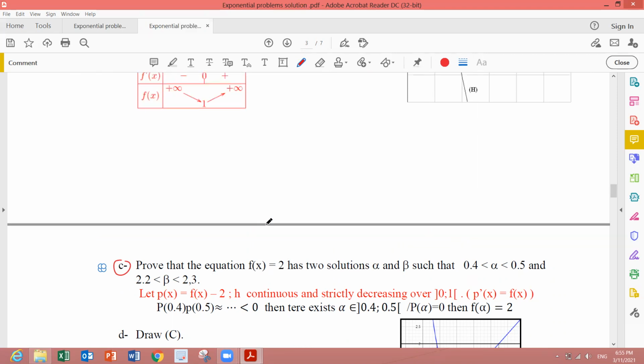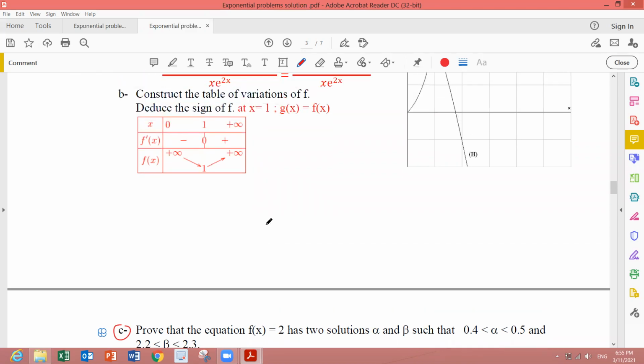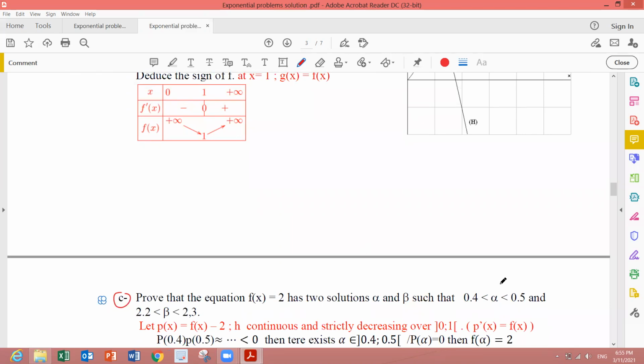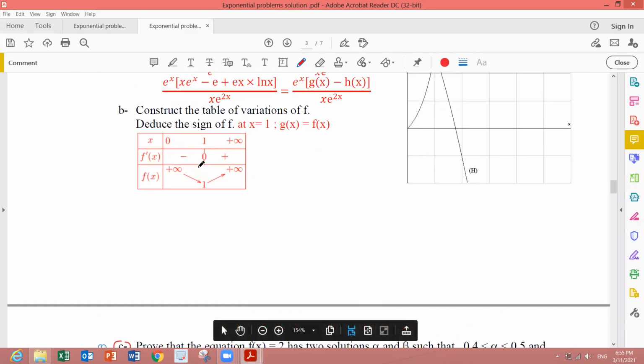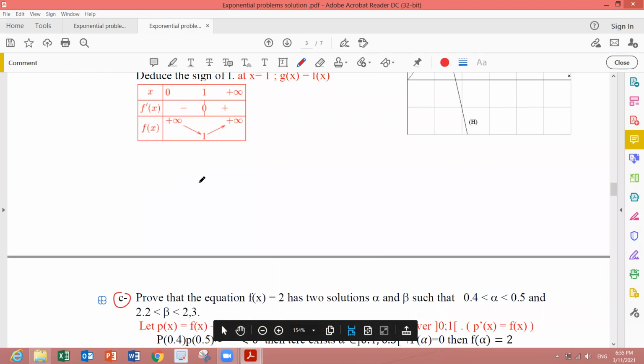I can say the following: over 0.4, 0.5, the function is continuous and strictly decreasing. I calculate f of 0.4 and f of 0.5. One of them is less than 2 and the other is greater than 2.